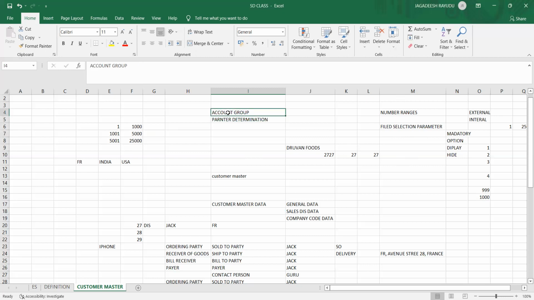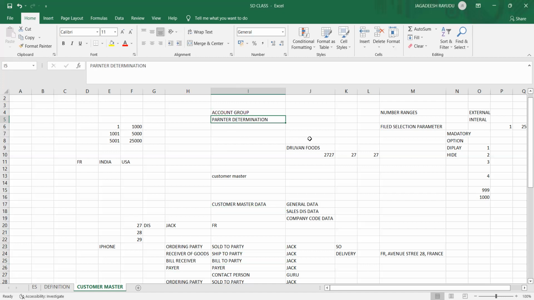Account is nothing but whether it is a customer account or vendor account. You are telling the SAP system, I would like to use this account as a customer. Then immediately the system should ask whether you would like to enter a number on your own or have the system create it, so you have to create it in number ranges. Once number ranges are ready, then to whom I need to generate it, sold-to party, ship-to party, bill-to party or payer, this is determined by your partner determination.